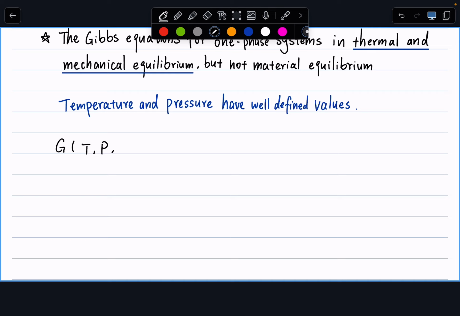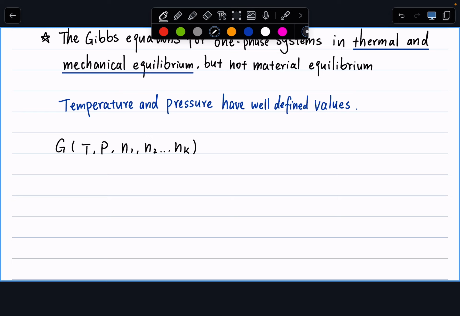At the same time, it will also be a function of the number of moles of your different substances, N1, N2, N3, all the way to Nk, which are all the chemical species involved in this reaction equilibrium or material equilibrium. So we have k different substances involved in the material equilibrium.